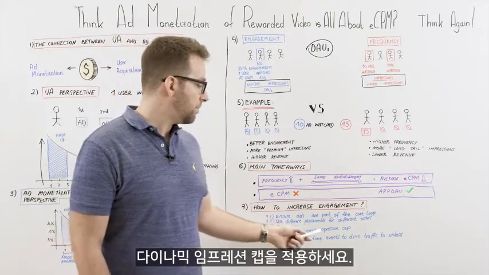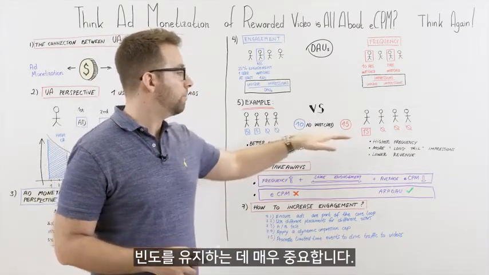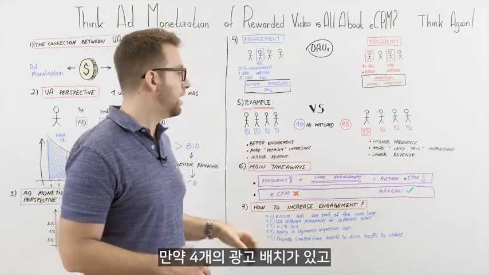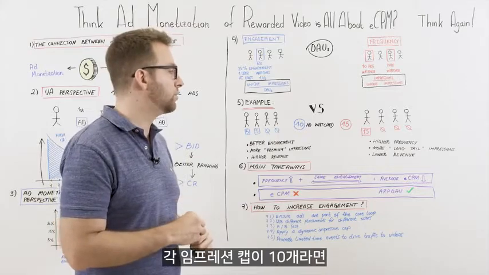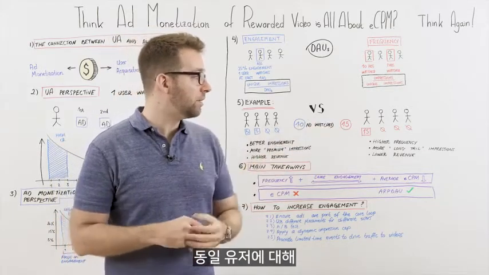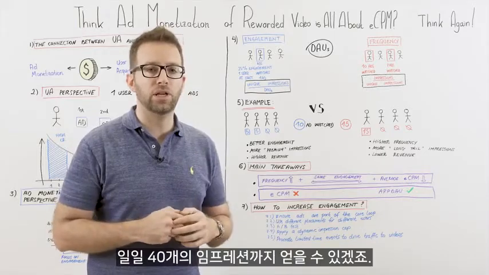Apply a dynamic impression cap. So this is very important to contain the frequency. If we have 4 ad placement and each one of them has a cap of 10 impressions, we possibly end up having 40 impressions per day for the same user.